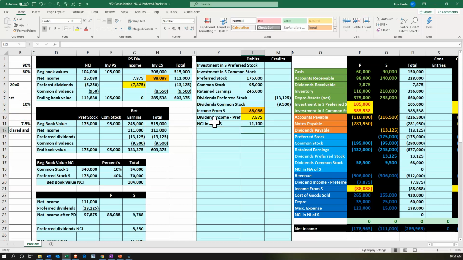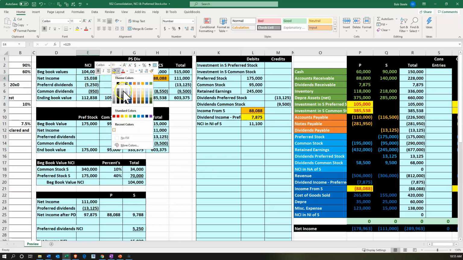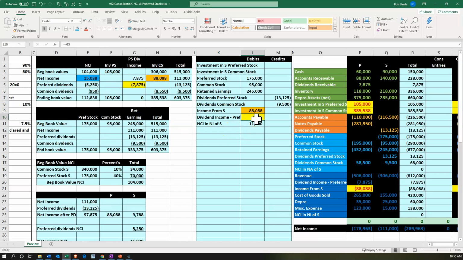But then again, this one kind of gets a little messed up here because of the preferred stock. We're going to pull this from our table, and it's going to be this net income right here. So that's the net income we're going to be pulling. Let's make it blue. And then we'll pick that number up over here, 1538. So there's the 1538.